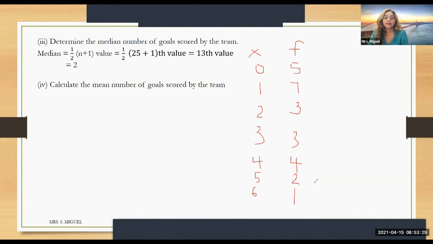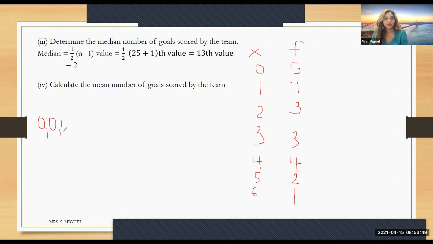The frequency means how many times the number occurs. So if I had to list my values, I would list 0 five times because 0 occurs 5 times.